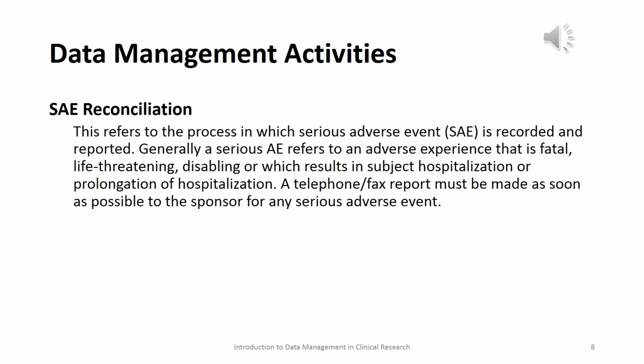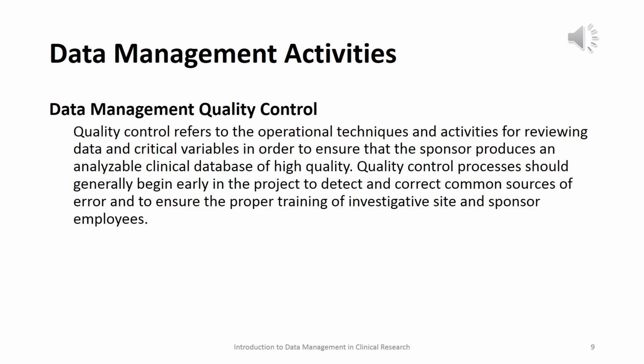So serious adverse events are those that either result in death, are considered life-threatening or disabling, or require the patient to be hospitalized. So serious adverse events have to be reported within 24 hours of the notification of that, whereas an adverse event needs to be recorded as an adverse event on the CRF or in the clinical database.